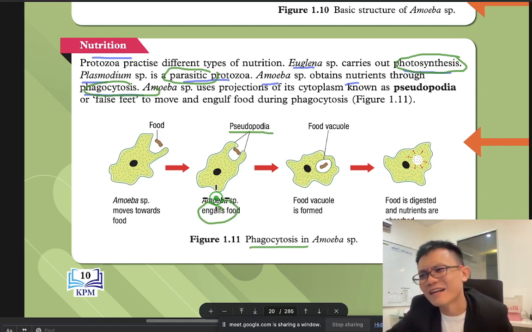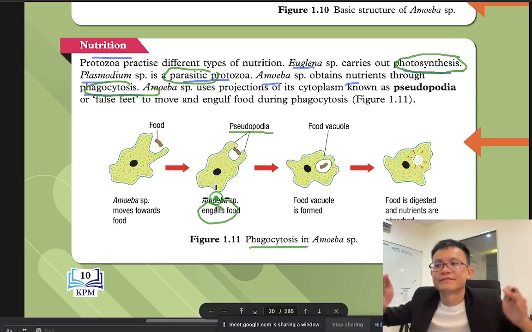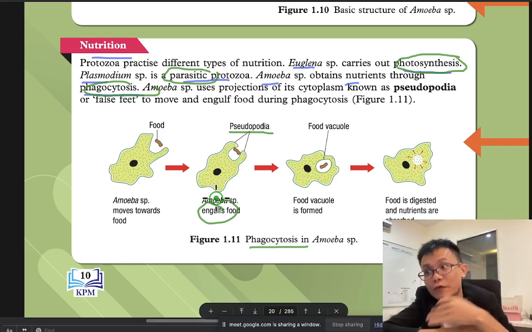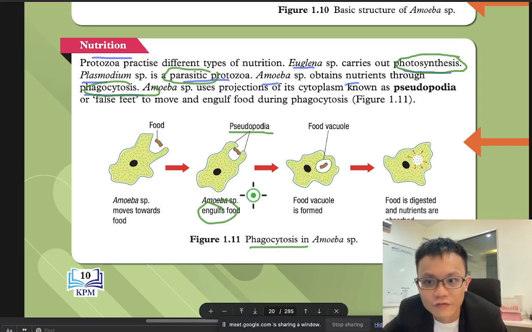We don't say the bacteria eat the thing, okay? We say that the amoeba engulfs the food. Engulf doesn't mean only eat, but to put the thing inside your body, to engulf the food into the body. Then there will be a food vacuole, then the food will be digested.